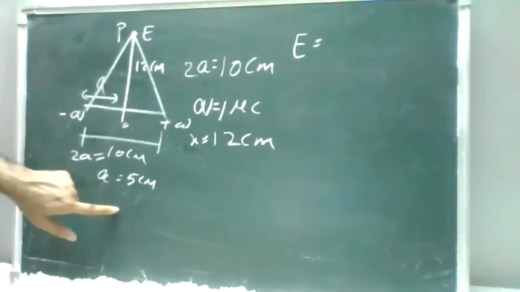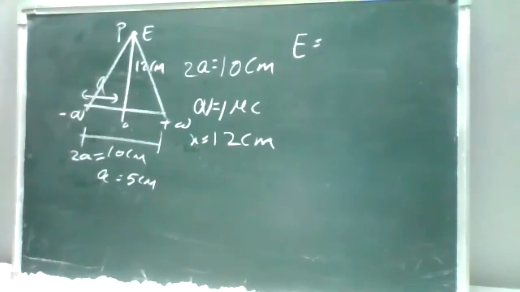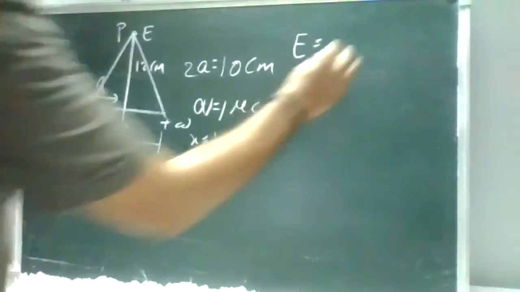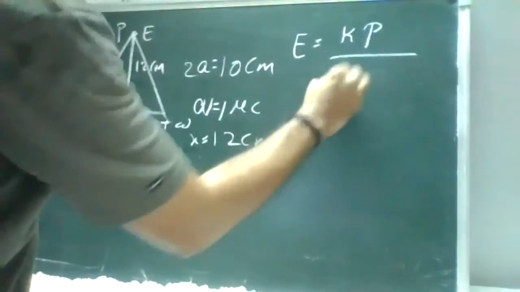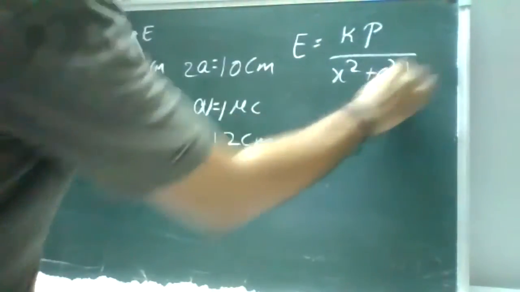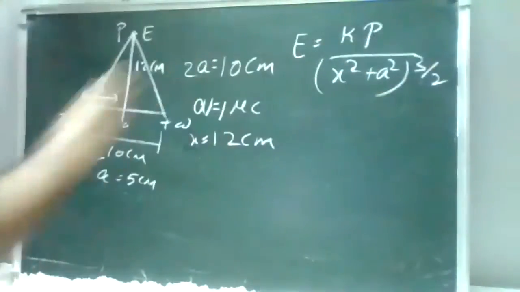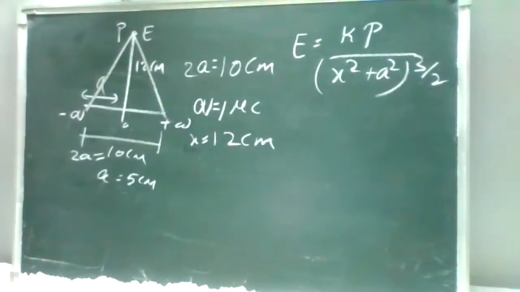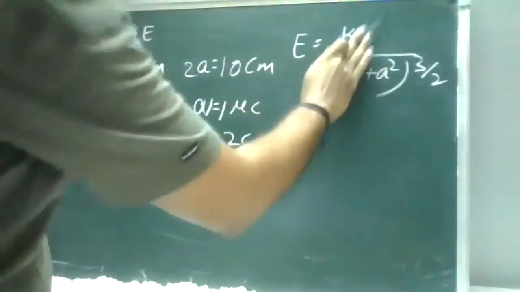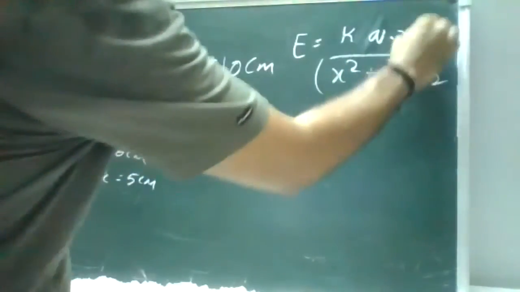Is x very much greater than a? Is it at a very large distance? No, x is not at a very large distance. So when it is not that much distance, we go directly with the general equation. That equation is k p by x square plus a square whole power 3/2. Okay? But I don't know p. So what is the formula for p? It is nothing but q into 2a.